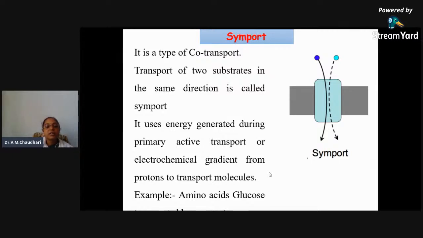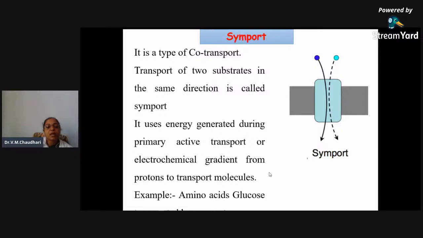That energy is generated during the primary active transport, or an electrochemical gradient from protons, which is generated during the transport of molecules. Examples: amino acids and glucose are transported by the Symport mechanism.